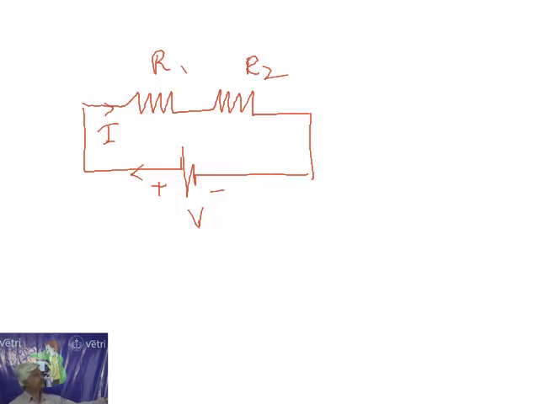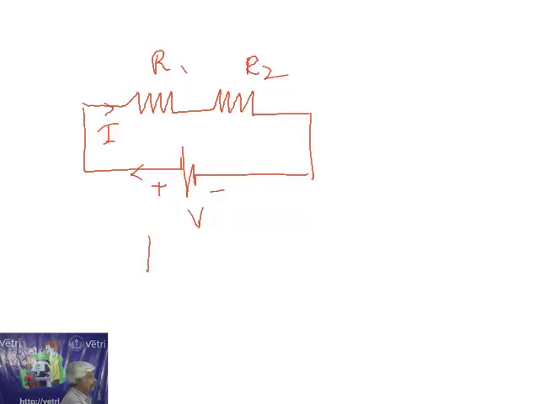What is the current flowing through resistor 1, or I1? Simply I. For resistor 2 also I. I already discussed in the previous lessons, whenever the resistors are in series connection, the current is common.